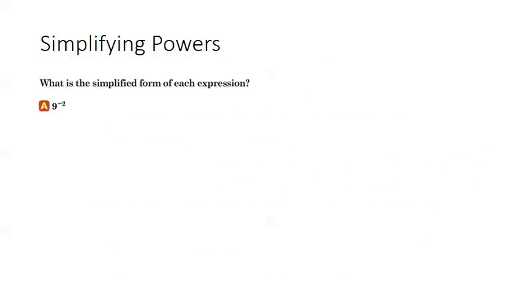What is the simplified form of each expression? Well, 9 to the power of negative 2. I'll show you the way. We move this 2, we make it positive, and move it to the denominator. There you go: 1 over 9 squared.